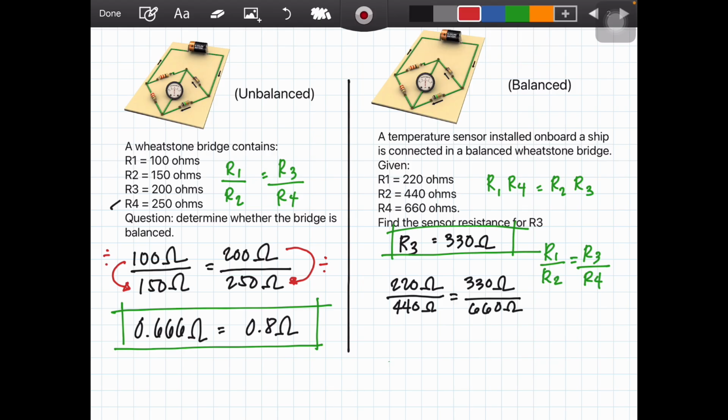So what are we going to do again? We divide 220 ohms by 440 ohms, and we divide 330 ohms by 660 ohms. 220 divided by 440, we get 0.5. Now 330 divided by 660, and you get 0.5.